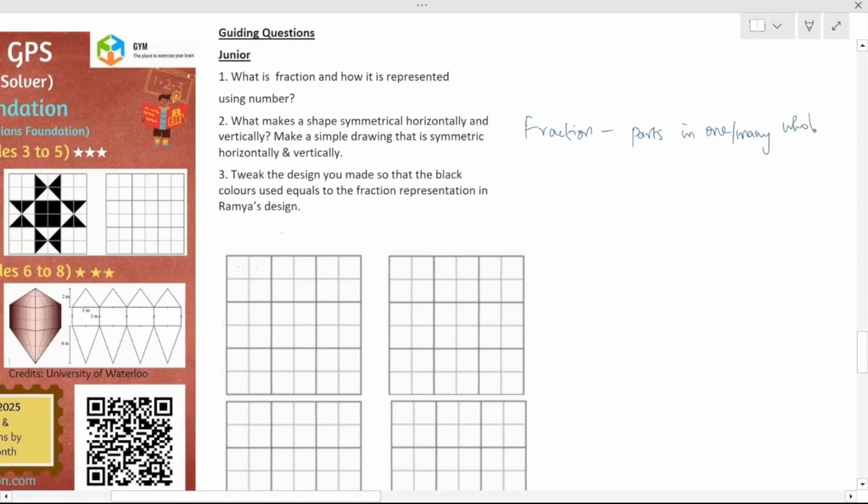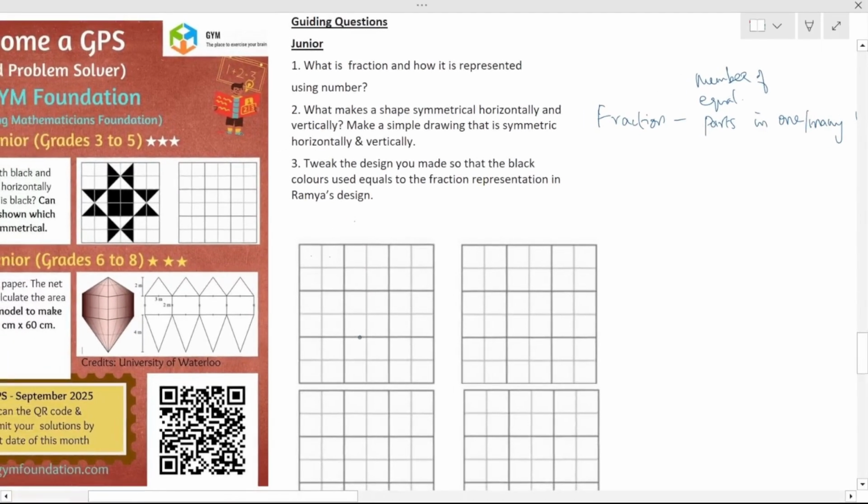That is the main point: the number of equal parts in one whole. In this case, if we consider the 6 by 6 grid as one whole, how many equal parts are there? The total number of equal parts is 6 cross 6, which is 36.